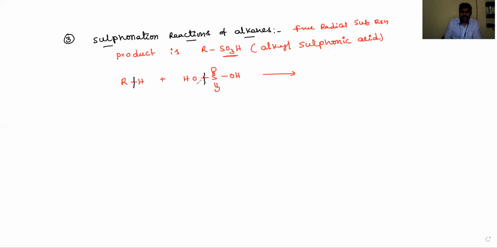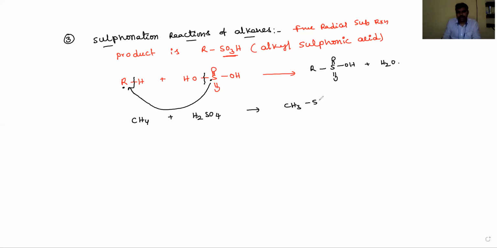In sulfuric acid, the OH bond will cleave, and these free radicals combine to produce RSO3H. Alkyl sulfonic acid is the major product, and the byproduct water forms. For example, CH4 treated with H2SO4 produces methyl sulfonic acid, CH3-SO3H.